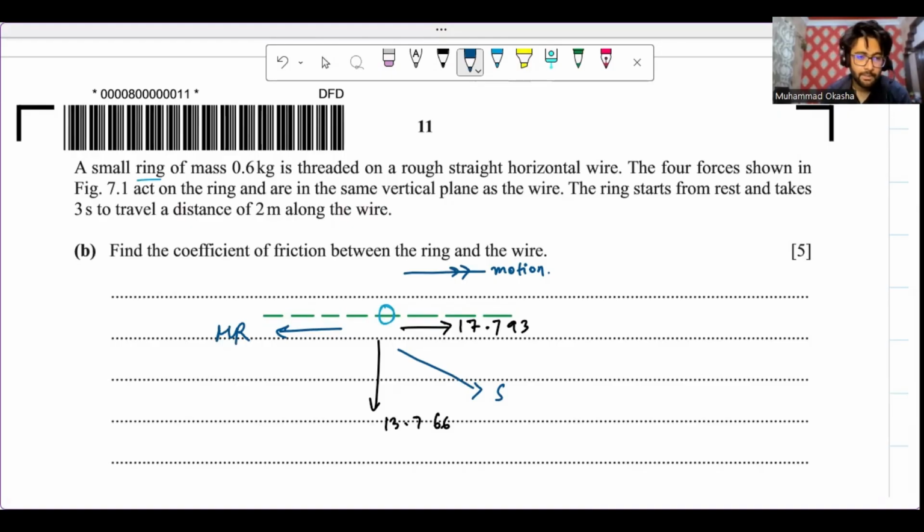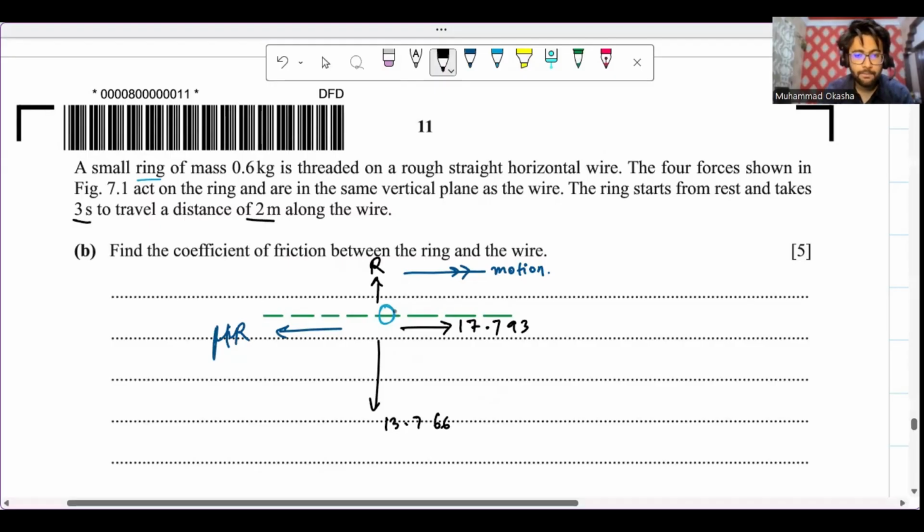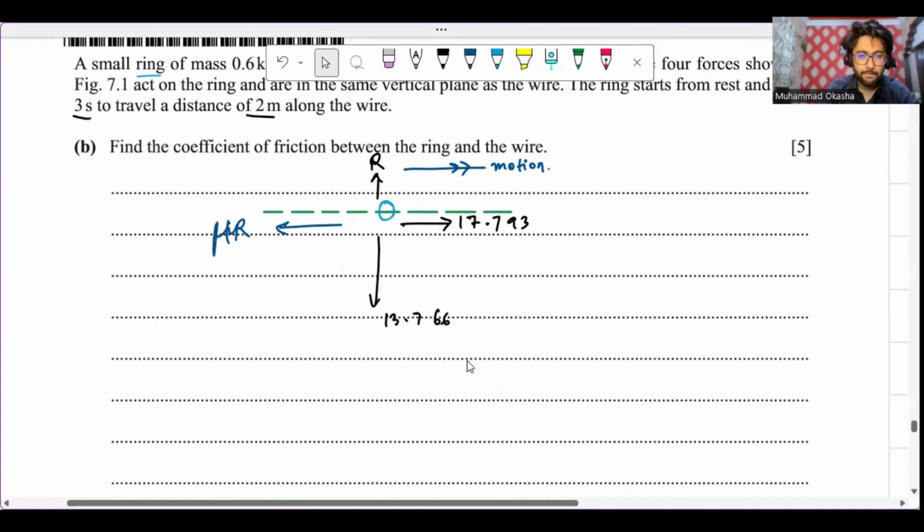The maximum friction is mu R, and we will have the normal reaction force R acting vertically upwards. Is there anything left that we need to draw? We'll do this, but first of all, we need to work out the resultant force and the resultant acceleration.